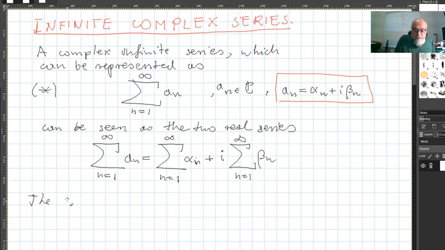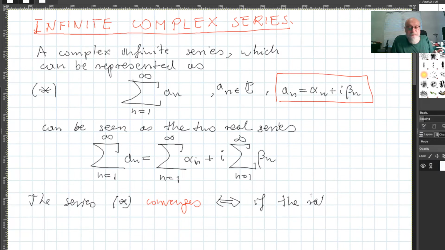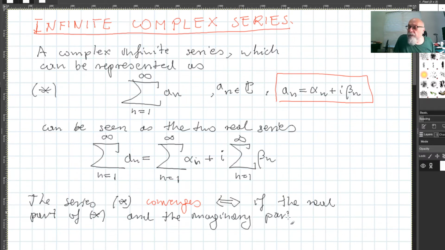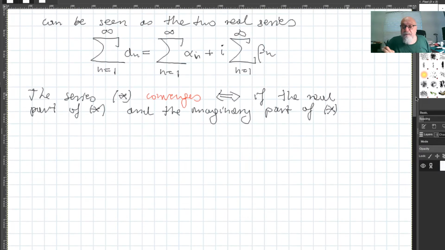The series star converges if and only if the real part of star and the imaginary part of star converge.